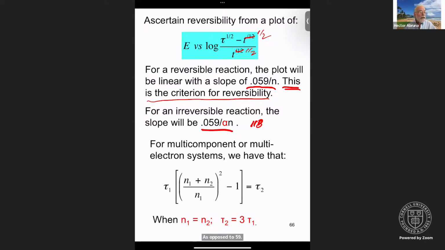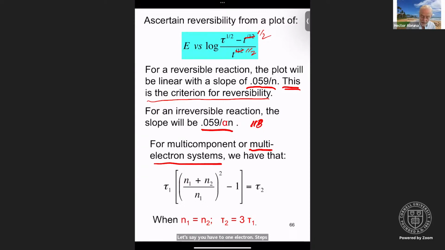An interesting thing here is when you have multiple electron systems. Let's say you have two 1 electron steps.